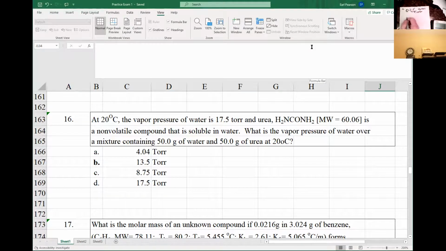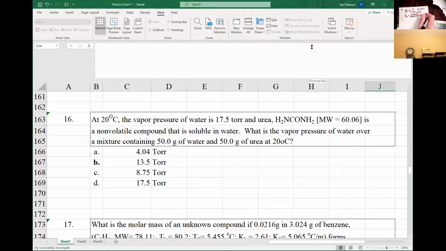All right, so let's plug in the numbers. So the vapor pressure of water over this solution is going to be the mole fraction of water. Okay, that's going to be the moles of water divided by the moles of water plus the moles of the other compound. I just wrote CMPD here. Okay.